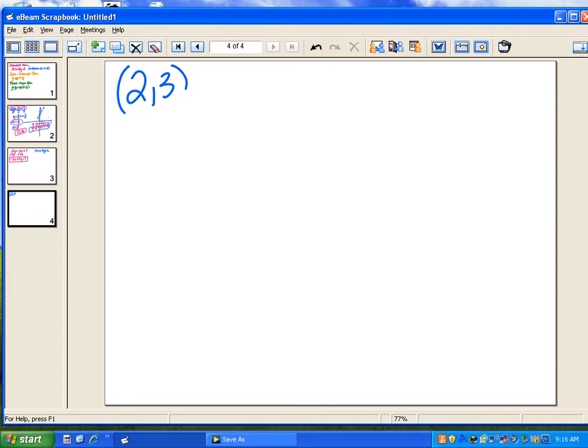Like (2, 3) and (-4, -7), I need to be able to write the equation of the line in any of the 3 formats. So I want to take these 2 points and write it in standard form, ax plus by equals c.